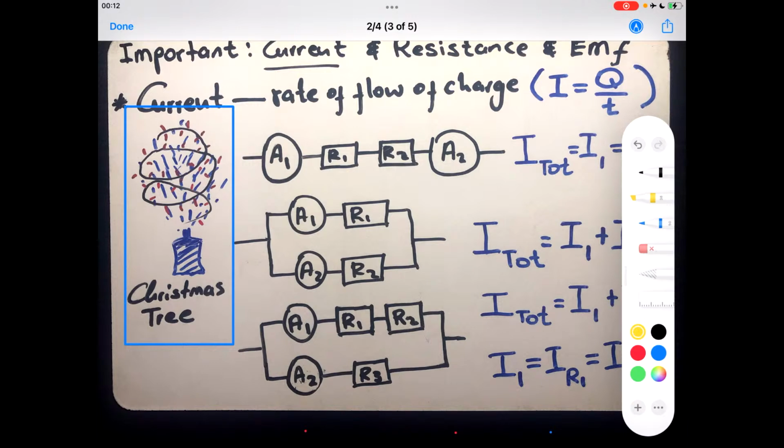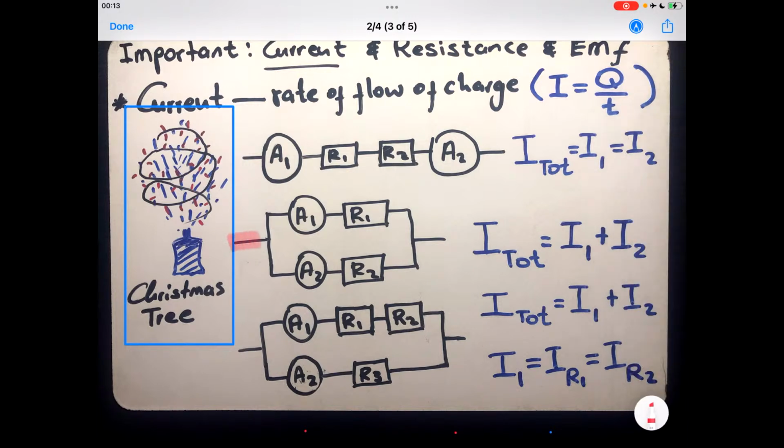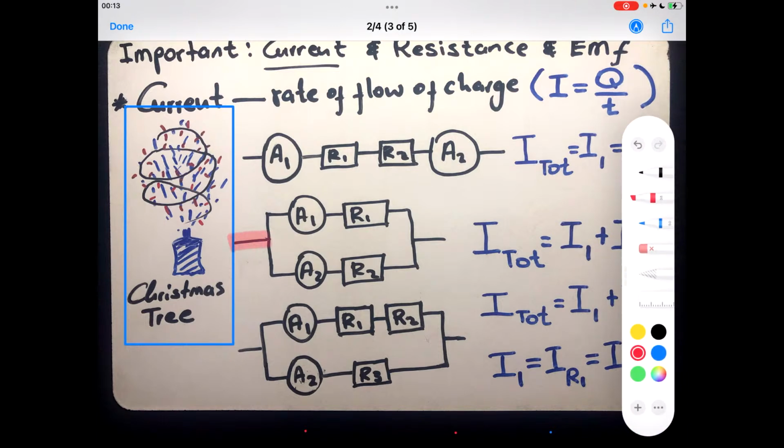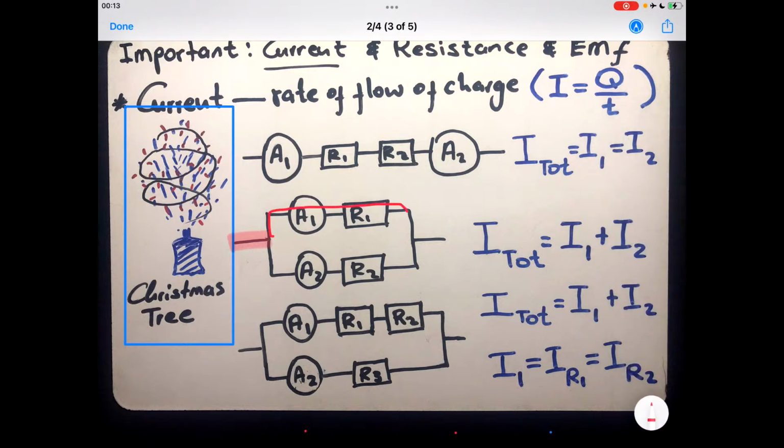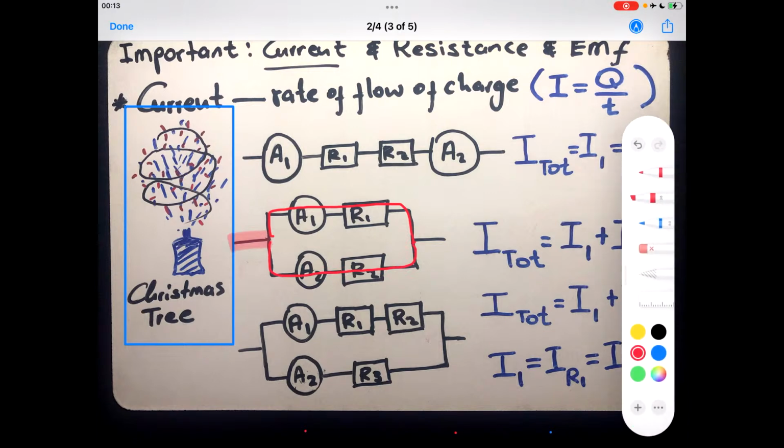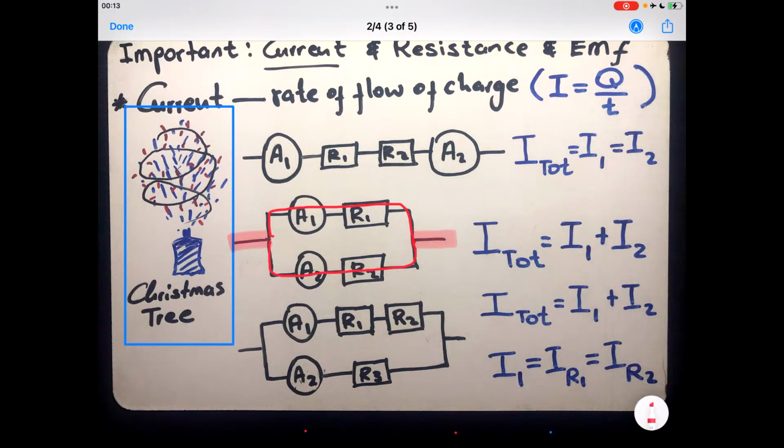Okay, there you have your current flowing, and when it gets to that point, it splits. As it splits, a portion of that current will flow through that side, and a portion of that current will flow through that side. It gets there, and then it joins.